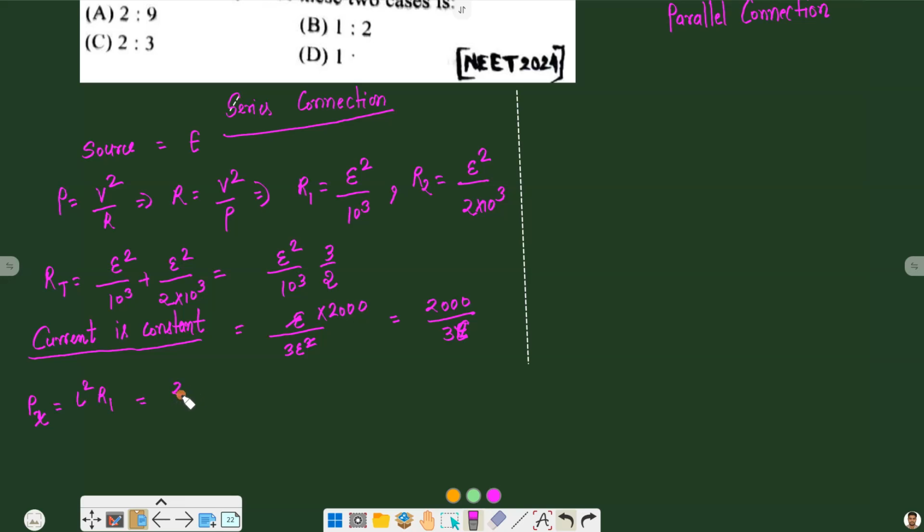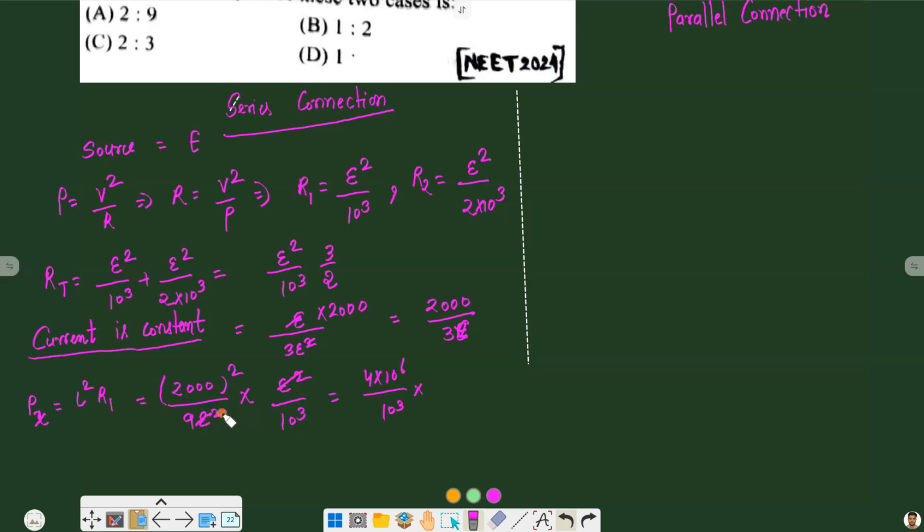So I square will be 2000 square over 9E square, multiplied by R1. R1 is E square by 10 raised to power 3. So from this we will have 4 into 10 raised to power 6 by 10 raised to power 3.